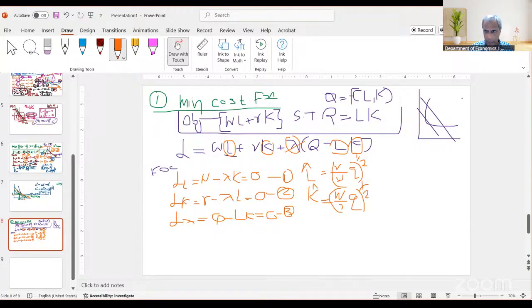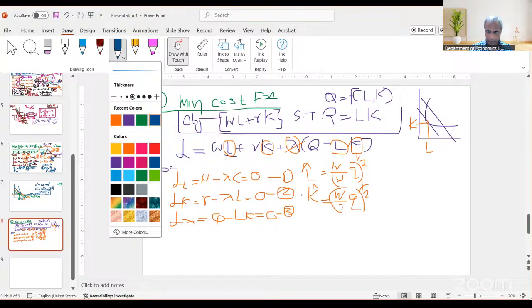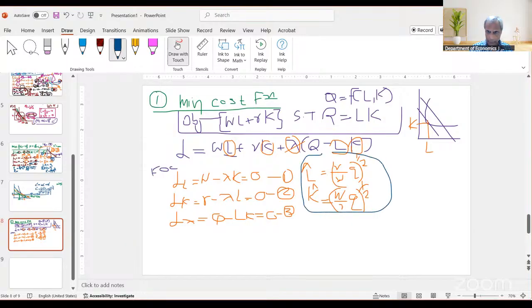Now these are the optimal values, for example, the values you get here for L and K. These are the optimal values we got. Now we plug these optimal values into the cost equation.